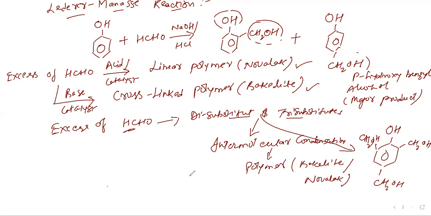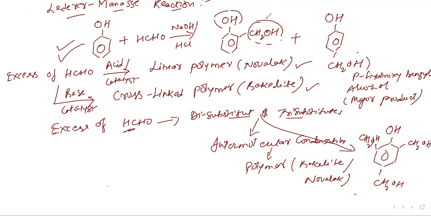So let's first look at the mechanism of this reaction. We'll be looking at the mechanism with the first stage of the reaction, right? So when we talk about mechanism, we look at whether it is an electrophilic substitution reaction or what kind of reaction it is.